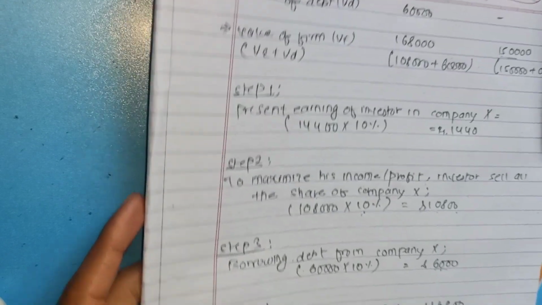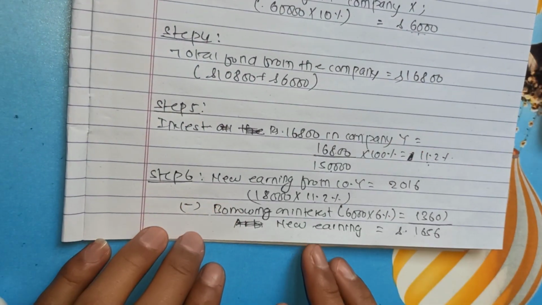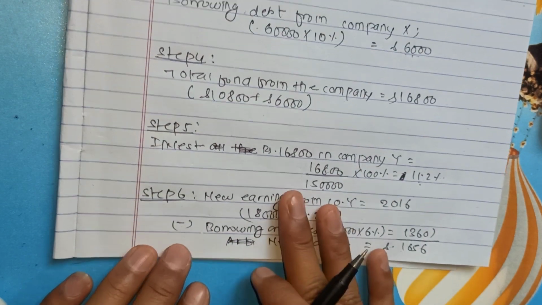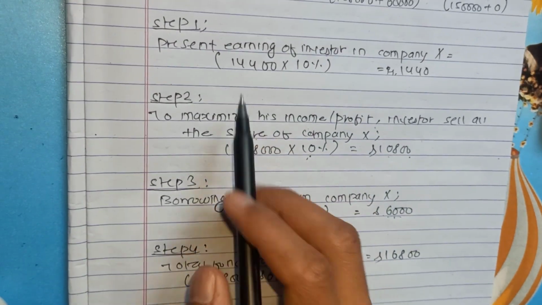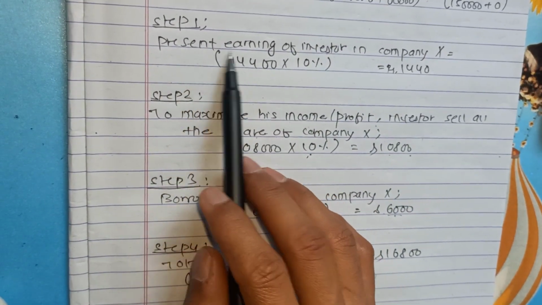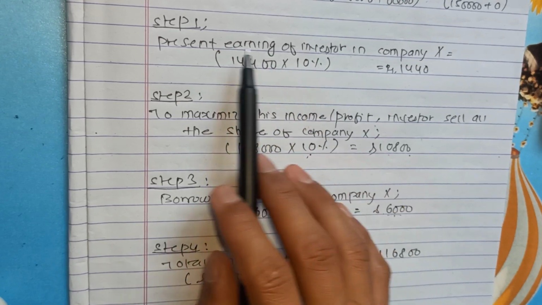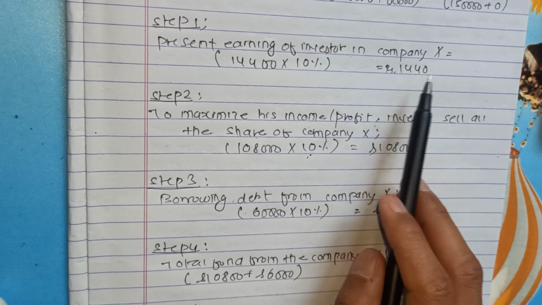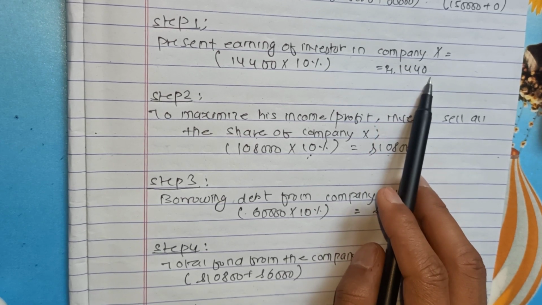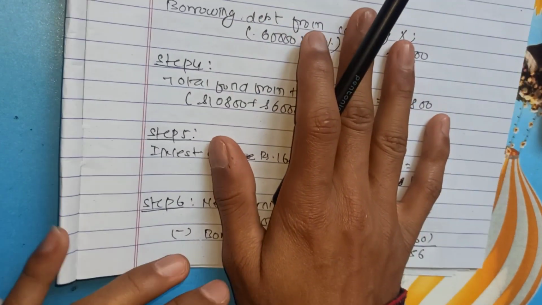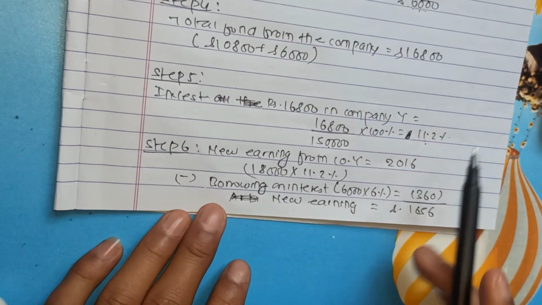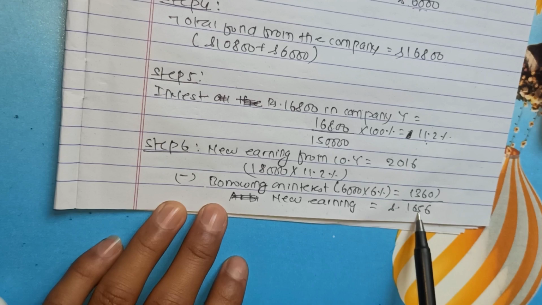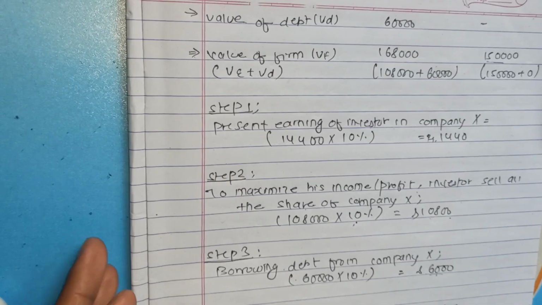Now how much increment have we gained? In step 1, if you see, there is the present earning of the investor. Present earning in company X is only 1440. Then while we switched from company X to Y, we got new earnings of 1656, which is increased. How much is the increment?